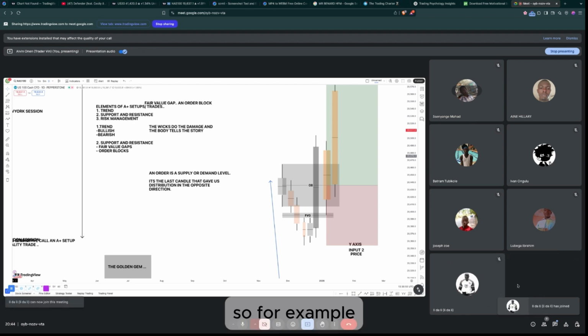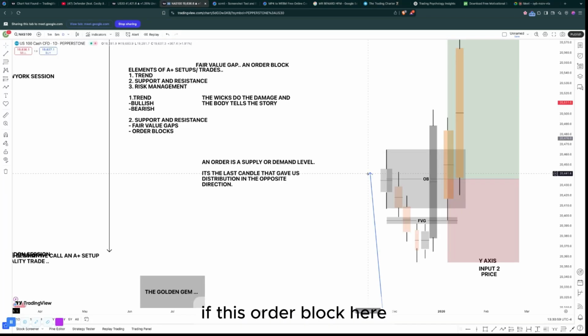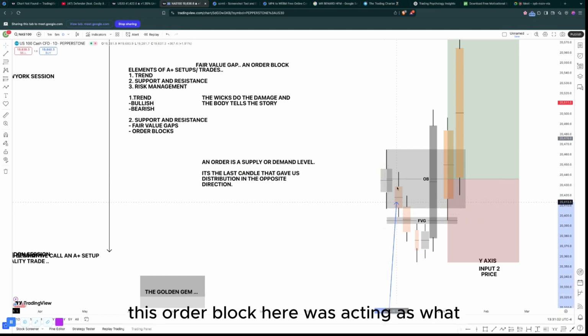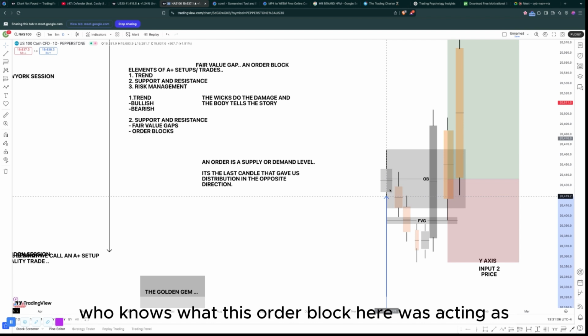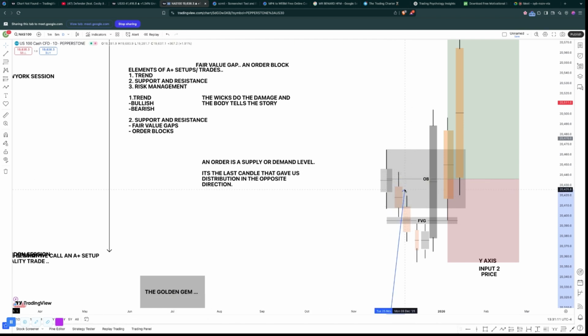So for example, if this order block here was acting as what? Who knows what this order block here was acting as? Support or resistance? Who knows? So it was acting as what?